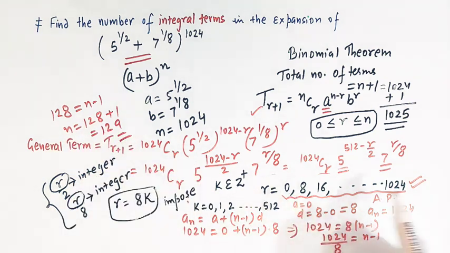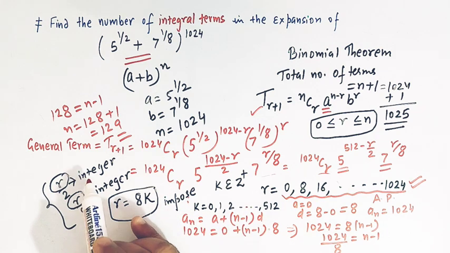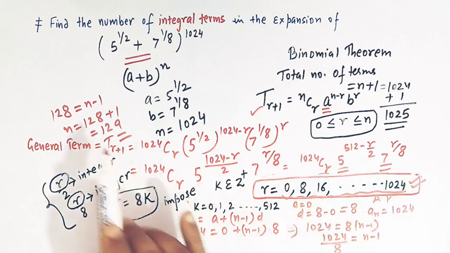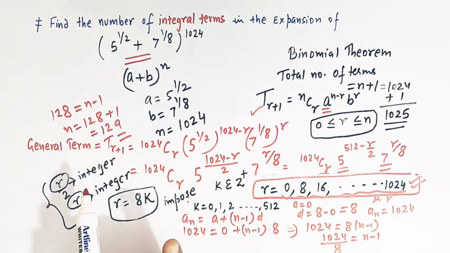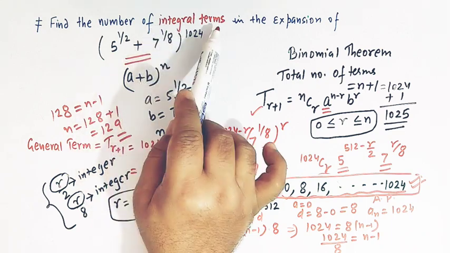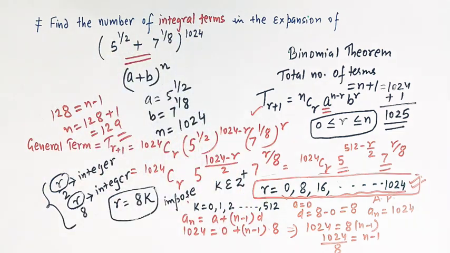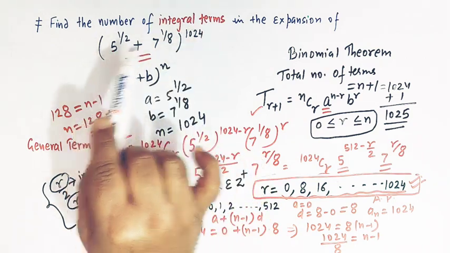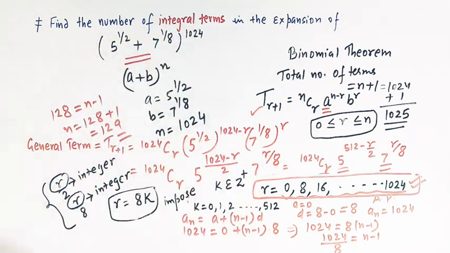So the total number of values of r which make r over 2 and r over 8 integers is 129. There are a total of 129 values of r, which gives us the total number of integral terms in this binomial expansion. So 129 is the total number of integral terms existing in this binomial expansion.